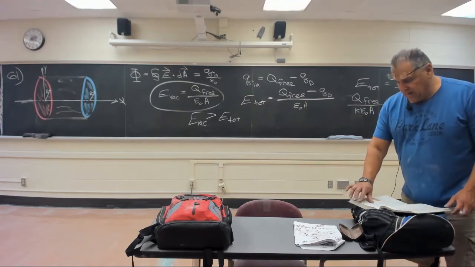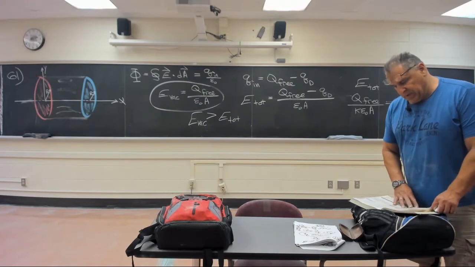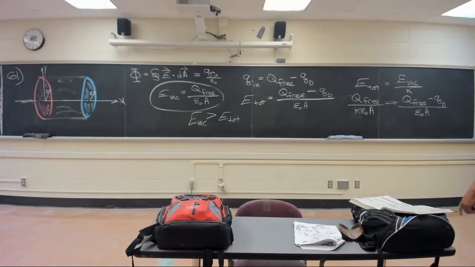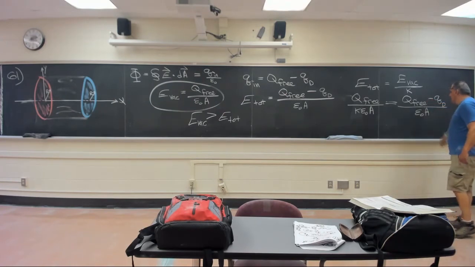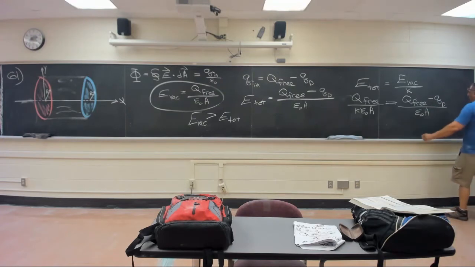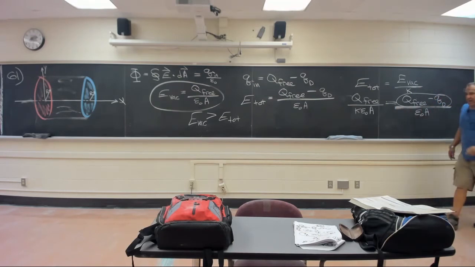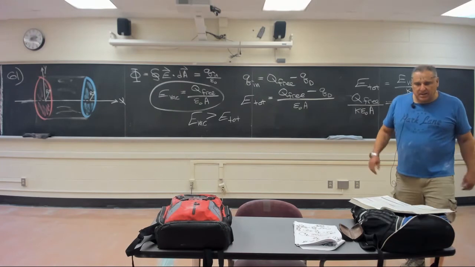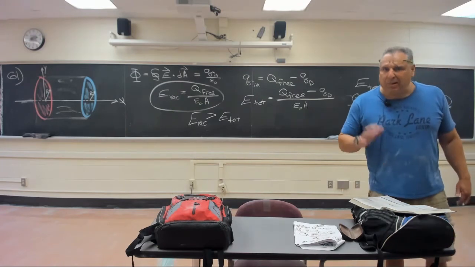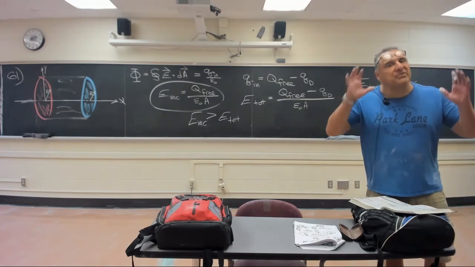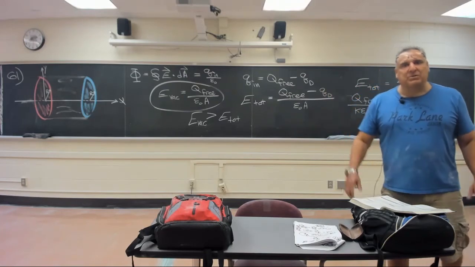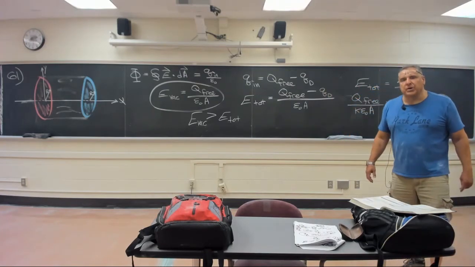So from here, let's tinker with this a little bit. Let's see what Q in is. Now we said this was Q in right here. Remember, by hook or crook, we said there was going to be the equivalent of less positive charge on the plate, or less positive charge in the Gaussian surface.